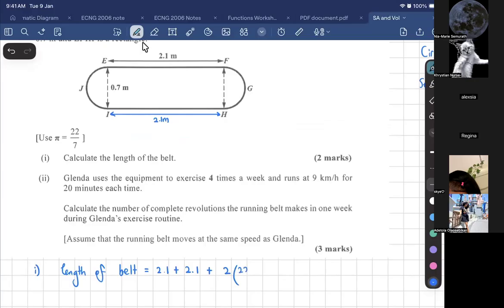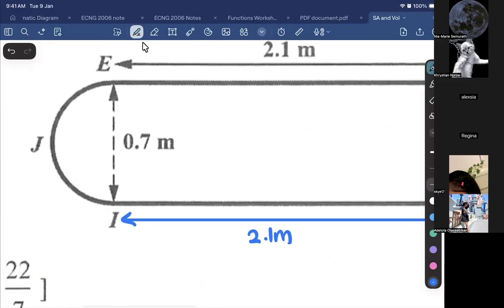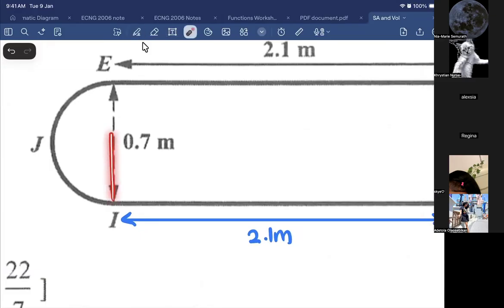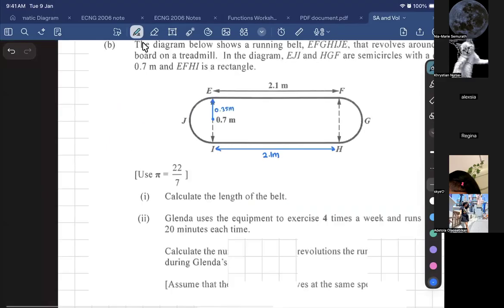And where's your radius, guys? You have to be very careful with this one. What does this look like for the circle? That's the diameter. So what would the radius be? 0.35, half of it.